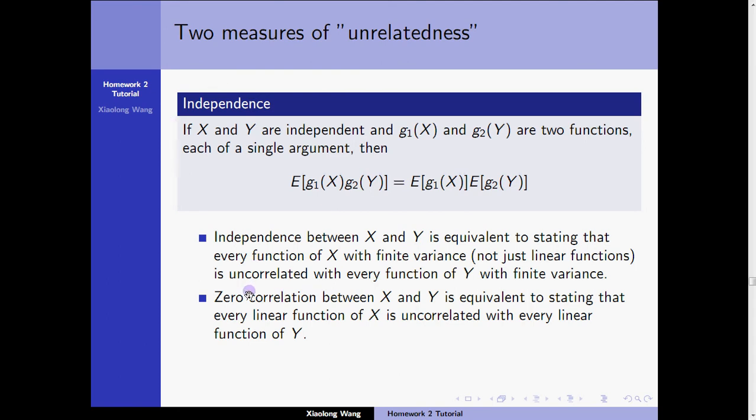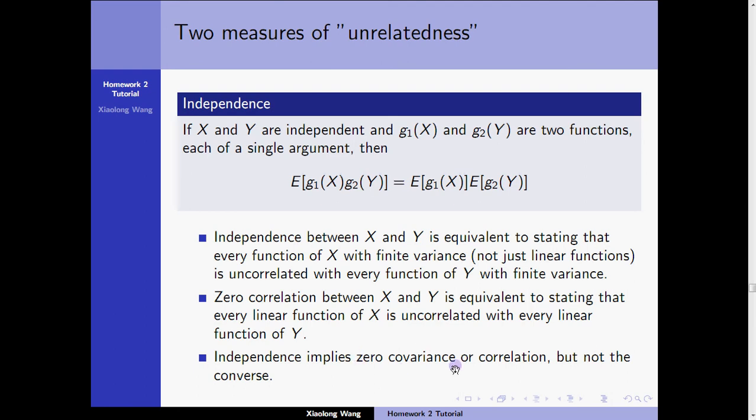Independence implies that the covariance or the coefficient of correlation is 0 between x and y, but the converse is not true. Even if they have 0 covariance, it doesn't mean that they are independent.